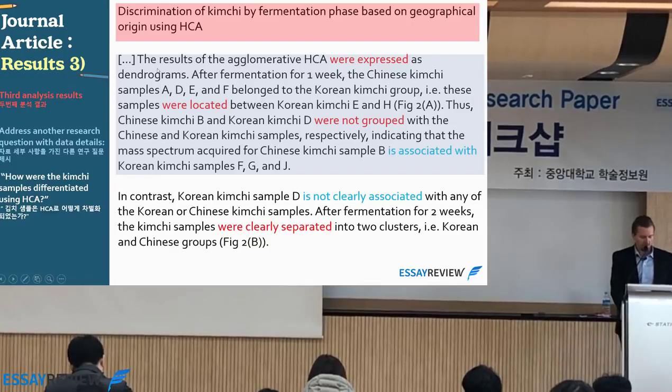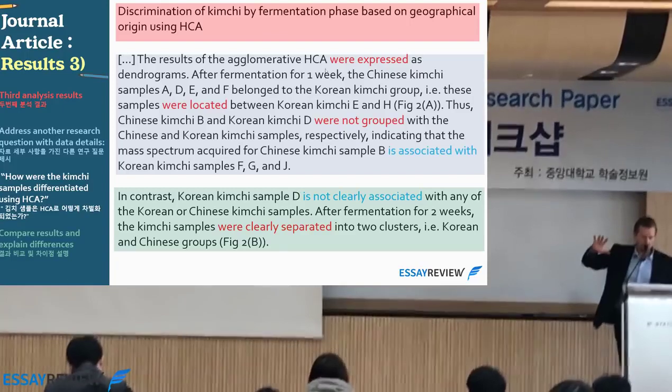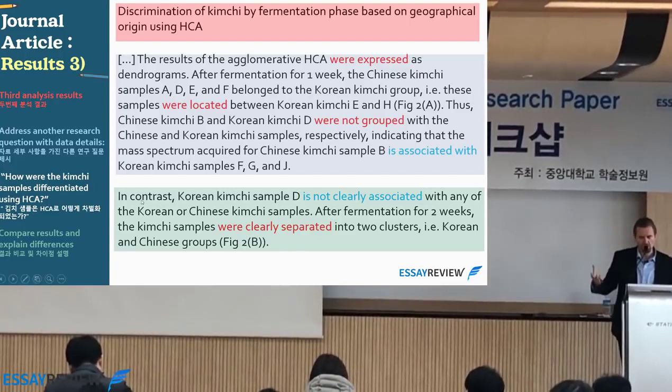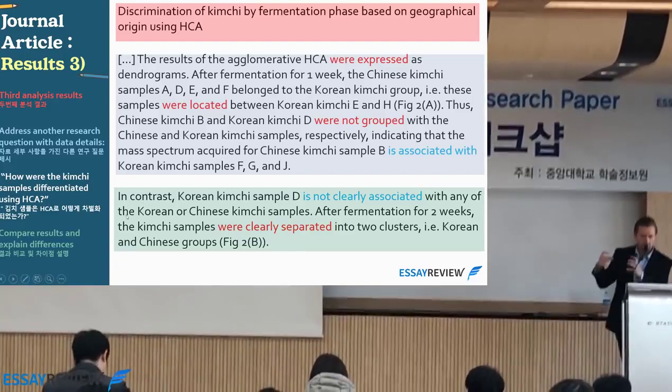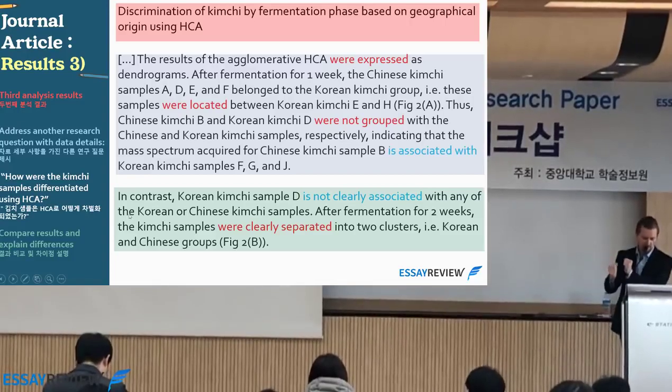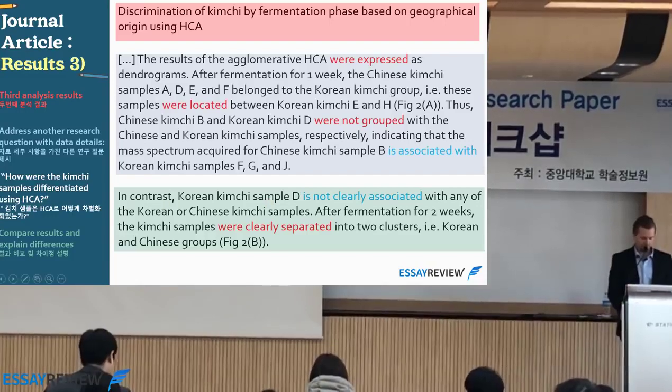And here, this is not a discussion about the results, just comparing the basic results. So you're not discussing the meaning of the results, you're just basically comparing them. So in contrast, Korean kimchi sample D is not clearly associated with any of the Korean or Chinese kimchi samples.